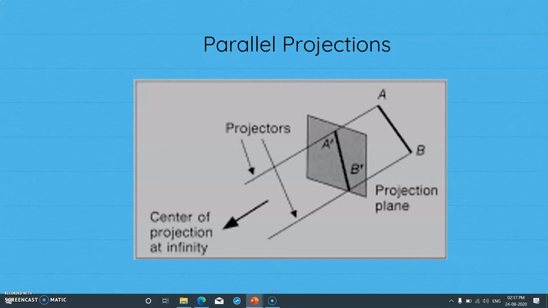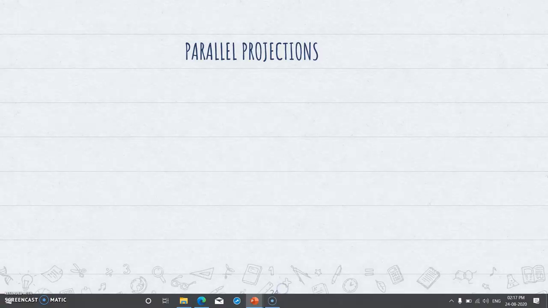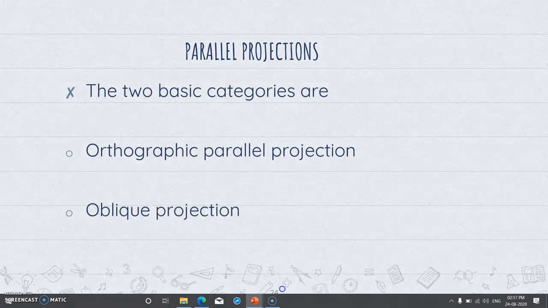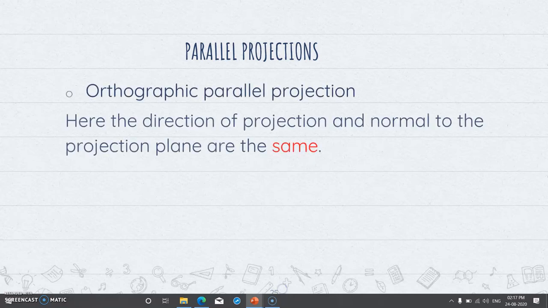The parallel projections are categorized depending on the relation between the direction of projection and the normal to the projection plane. So there are 2 basic categories: orthographic parallel projection and oblique projection. Let's see what orthographic parallel projection is. Here the direction of projection and the normal to the projection plane are the same.